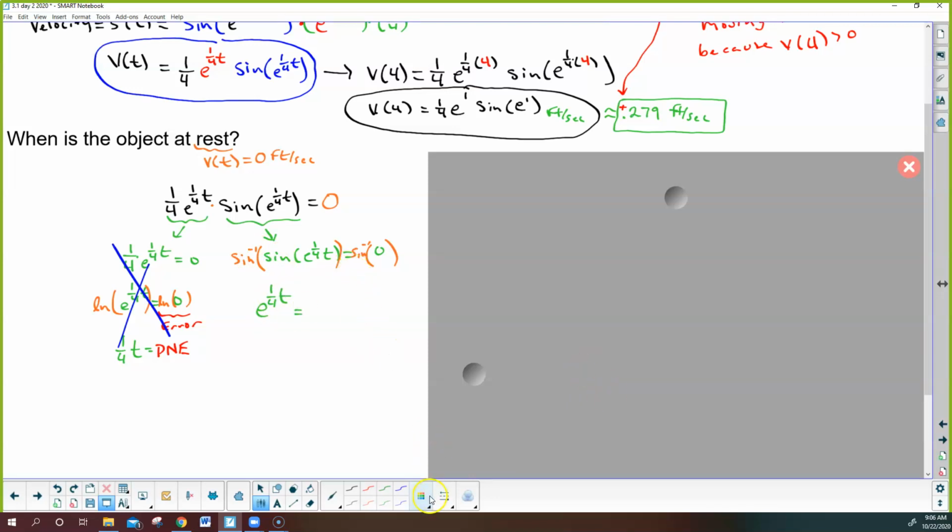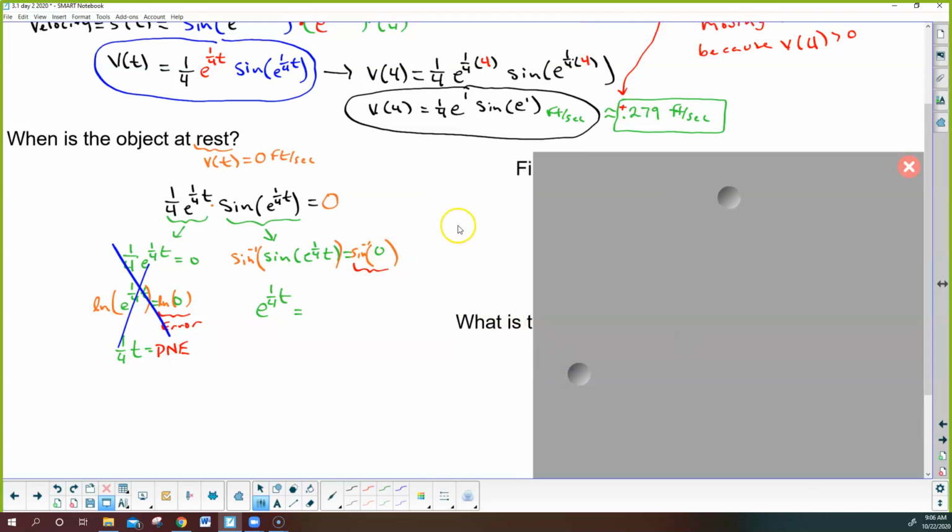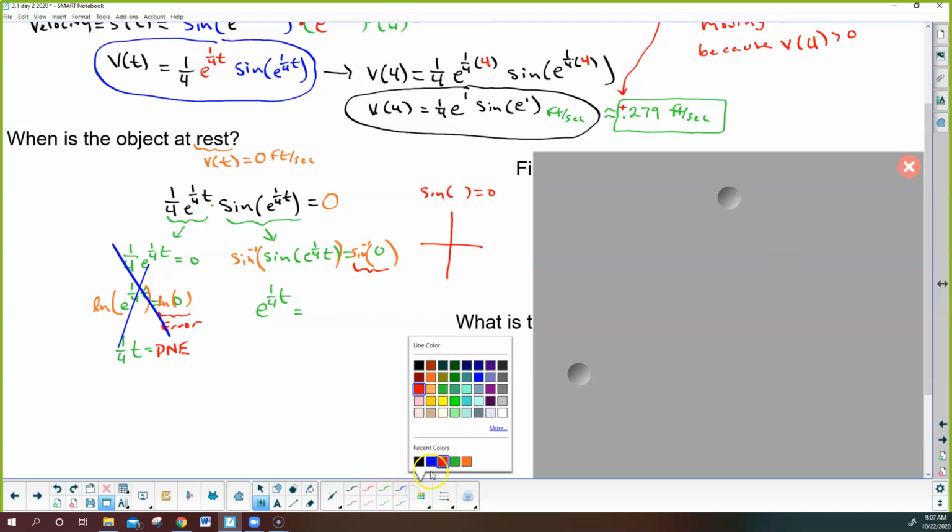But then how do I know what the inverse sine of 0 is? This is where I like to think of the unit circle. The question is really asking, when is the sine equal to 0?